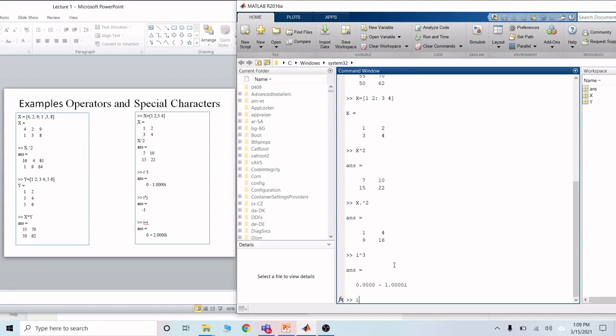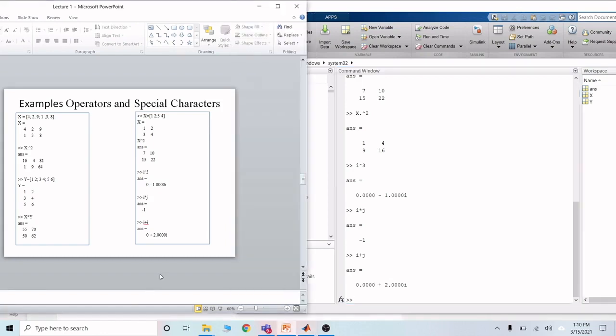Okay, i cross j, star, i star j should be minus 1. i plus j should be 2 iota, because both are imaginary numbers. i plus j: i is under root minus 1, so i plus j is under root minus 1 plus under root minus 1, which is 2 under root minus 1. This means 2 iota. Now go for the next.